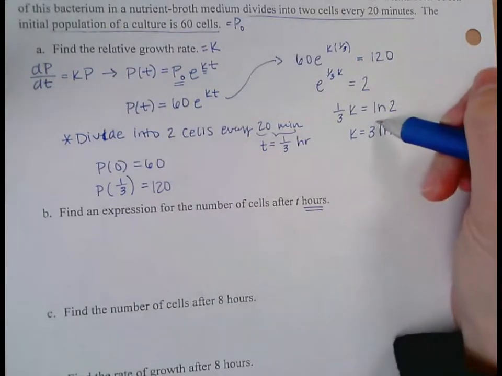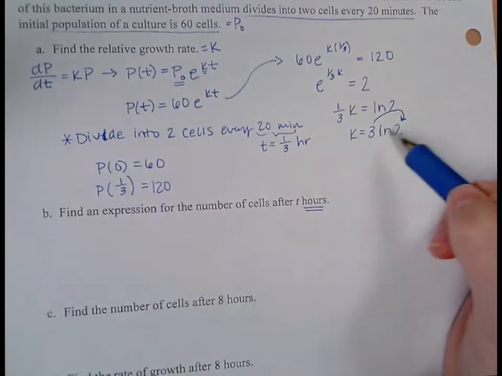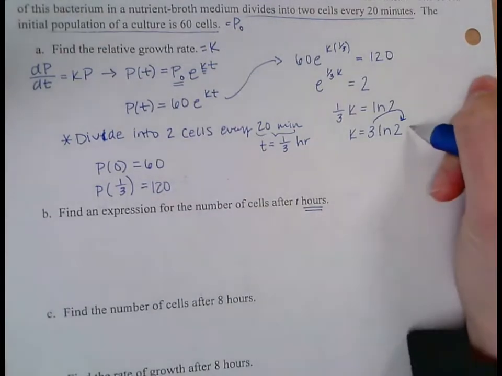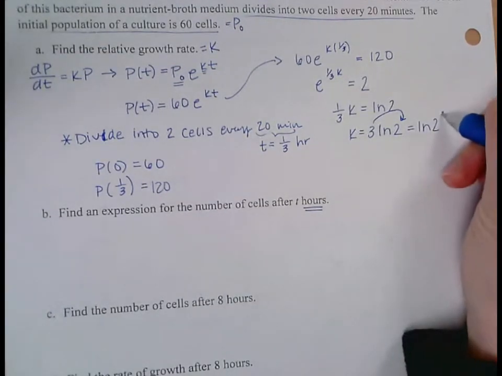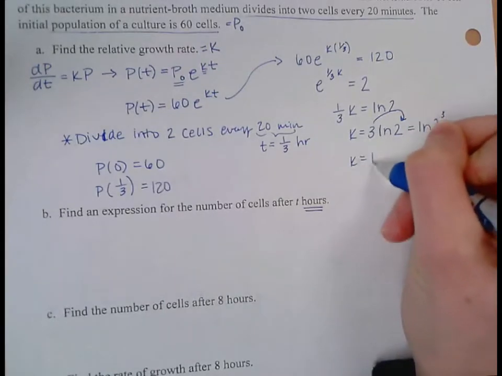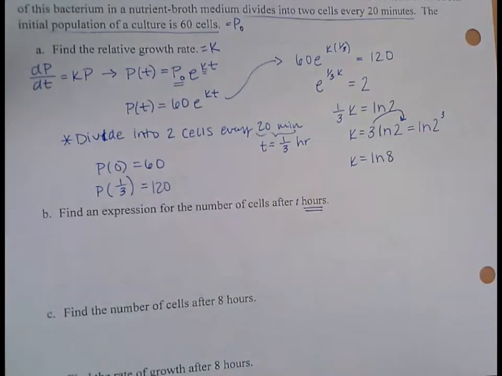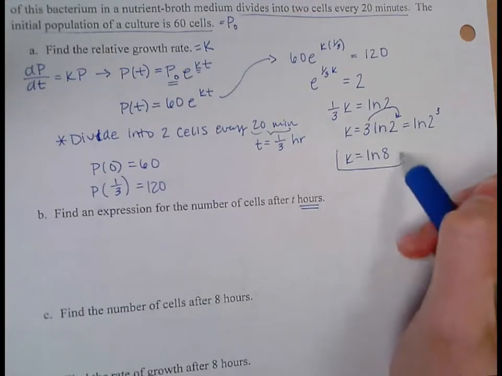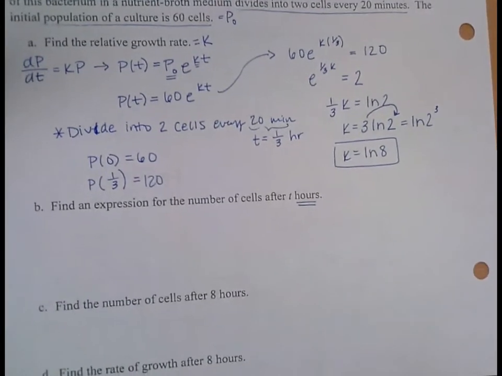So you need to understand those are the same value. You can bring that 3 up as an exponent on the 2. So this is really the natural log of 2 cubed, meaning k is the natural log of 8. Okay, so that is the relative growth rate, natural log of 8.